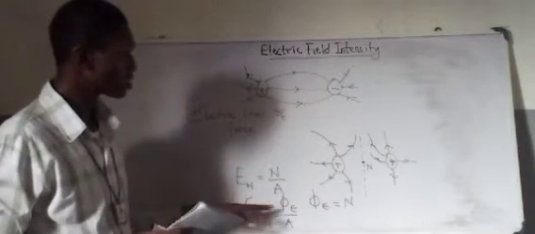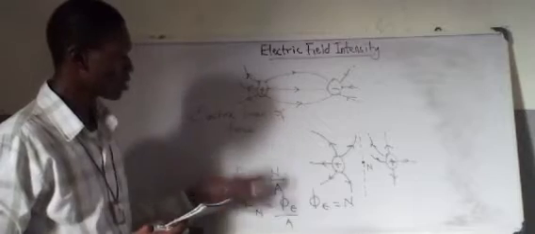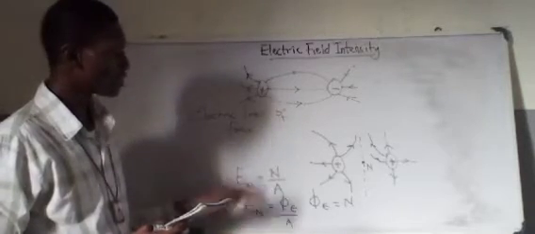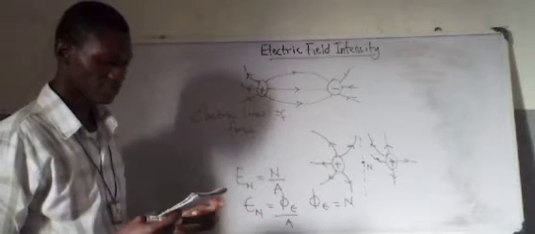So we've seen another way of calculating the electric field intensity. Electric field intensity is also the flux density, or the total electric flux divided by the area covered by the field.